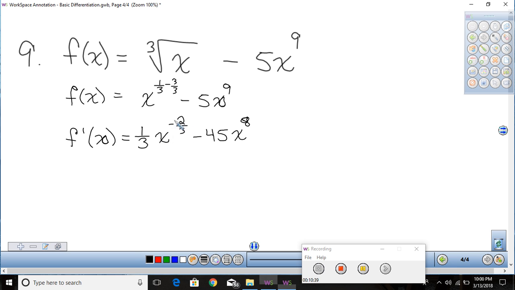So over here, I have a negative exponent in my numerator. So I'm going to put that on the bottom with the 3. So this would be a cube root of x to the 2nd power. And then there's nothing wrong with my 45x to the 8th. All is well there.